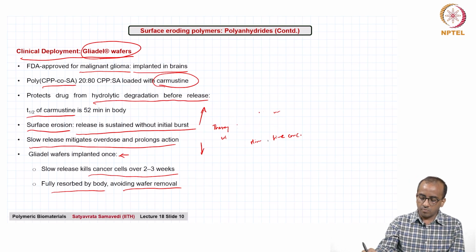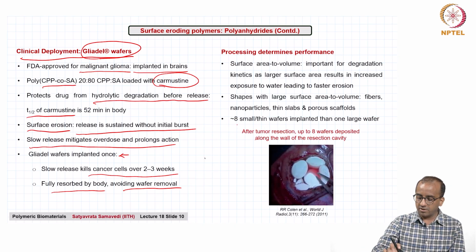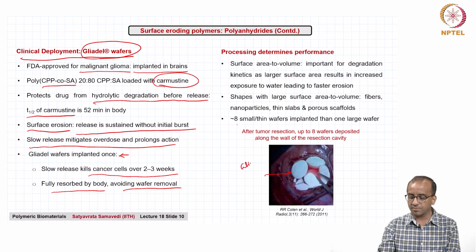And if you want to see what that looks like, here is a picture where you see these drug loaded polyanhydride wafers, which is Gliadel, being implanted as thin discs in the brain following surgery and removal of tumor.